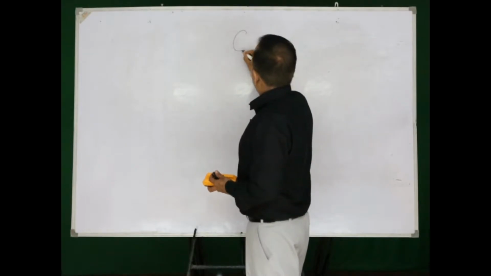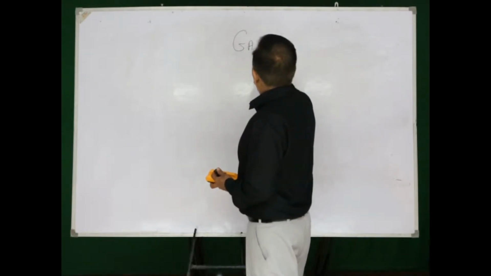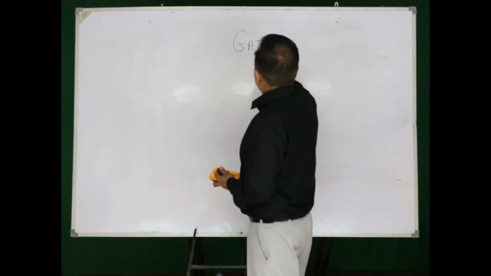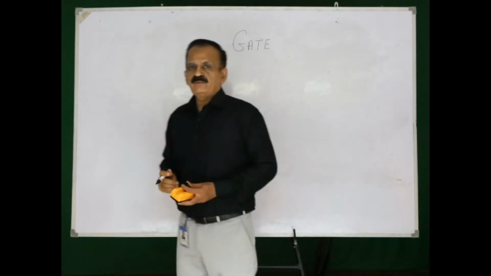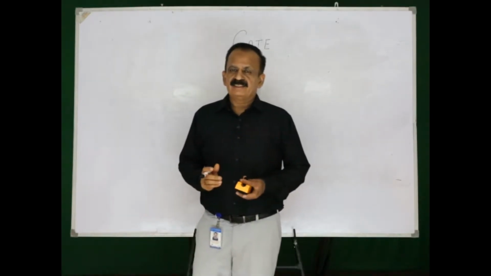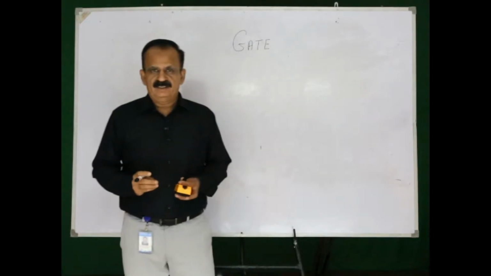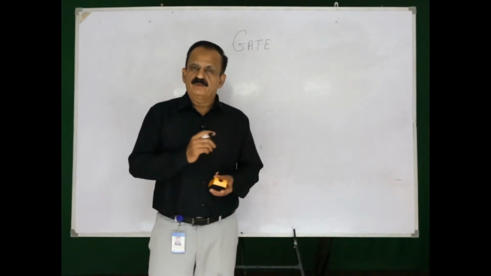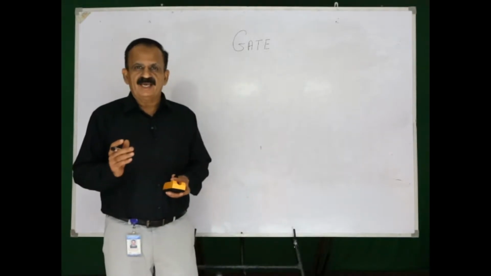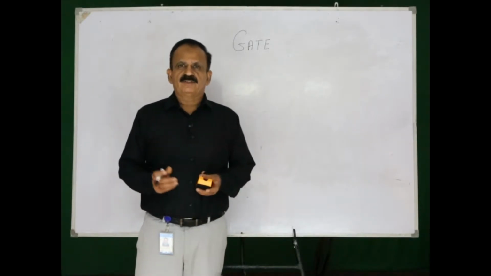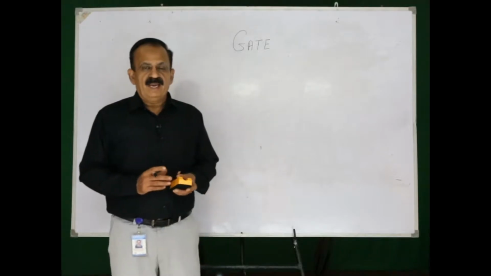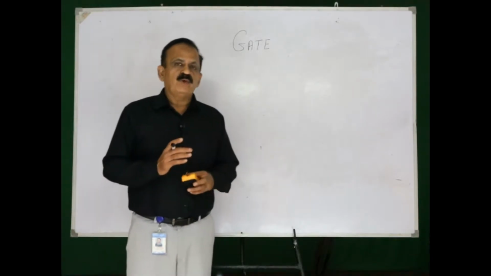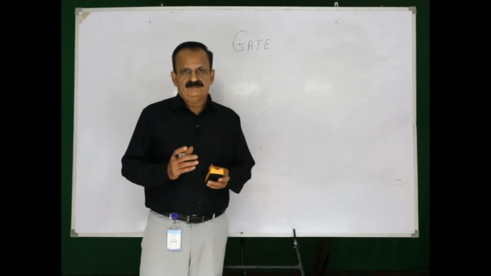So, first of all, let us recall what basically a gate is. As we discussed, a gate is a logical circuit with one output and two or more inputs. The output is high for certain combinations of input, and these combinations vary from gate to gate.